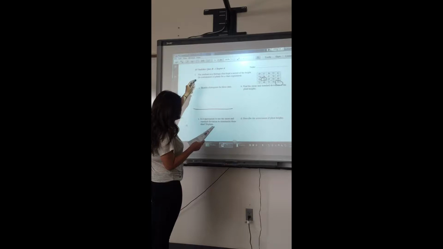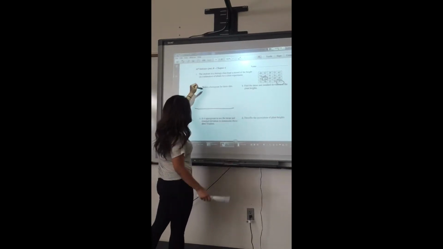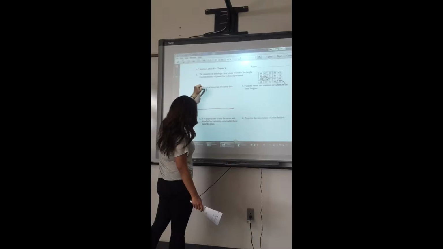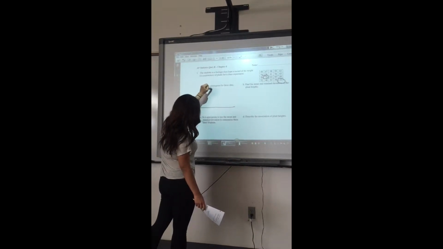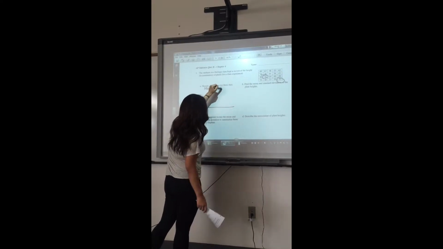Okay, so first we should label all the axes. So title is histogram of plant heights.